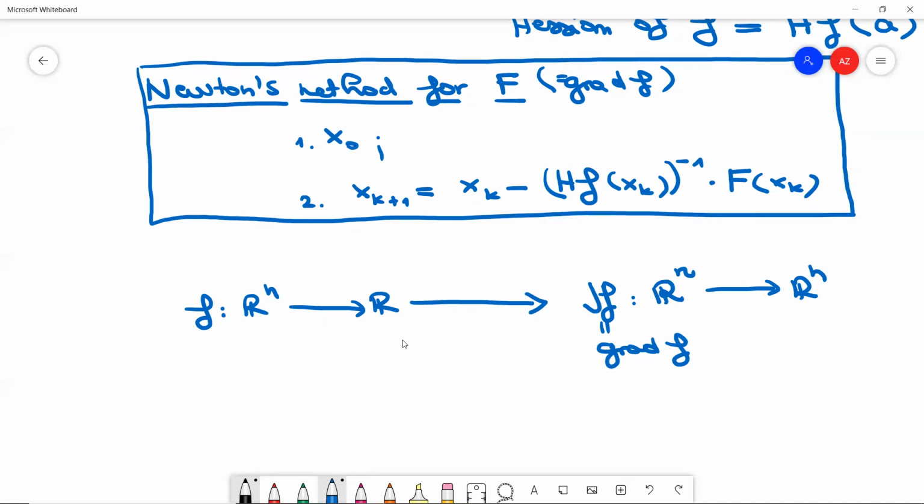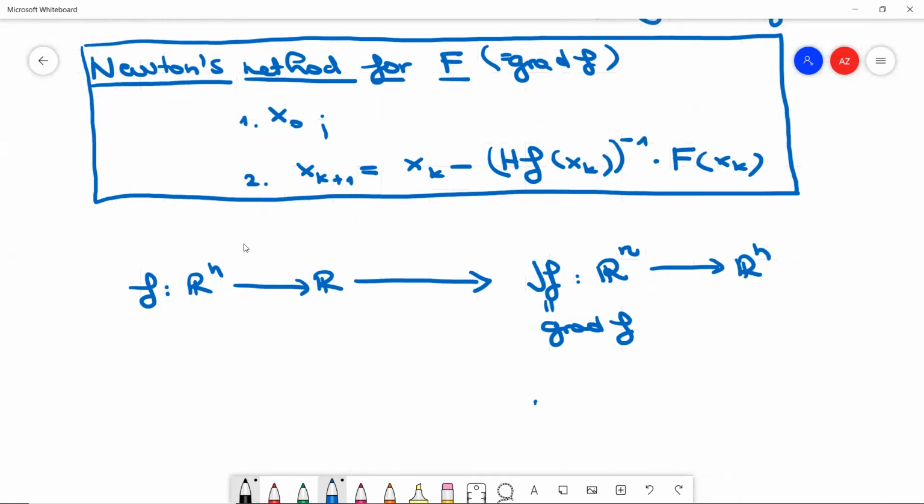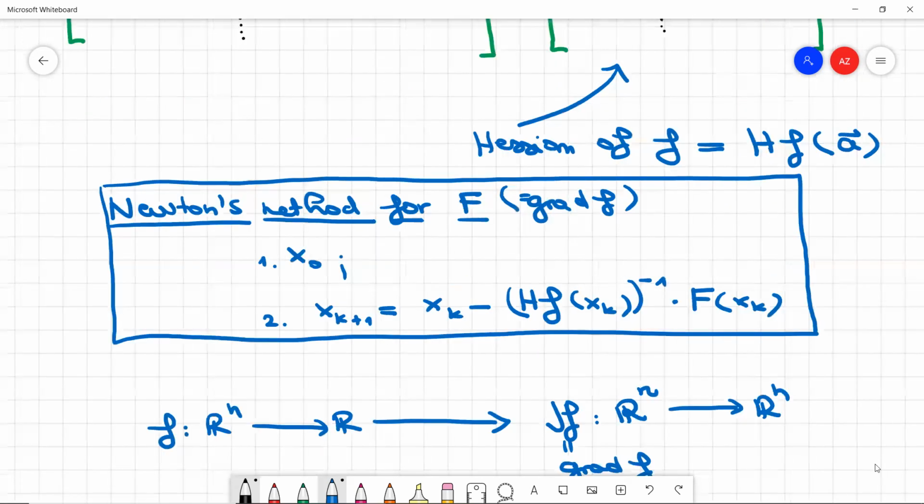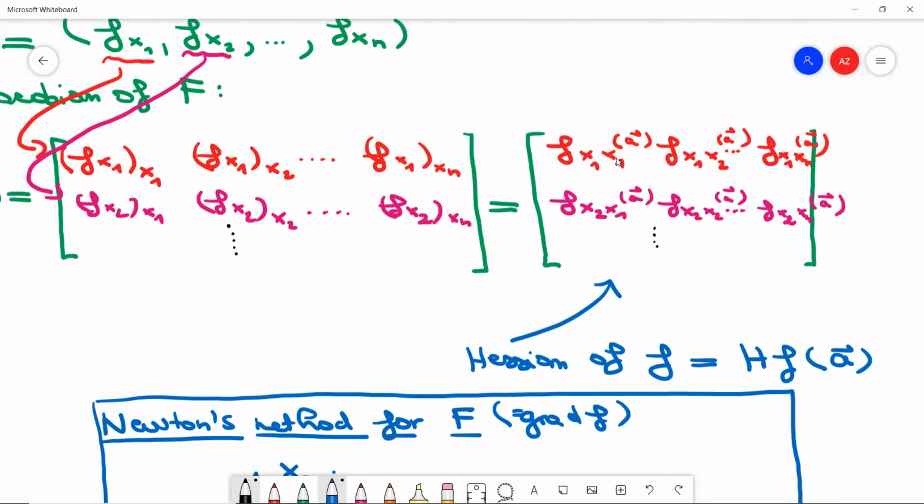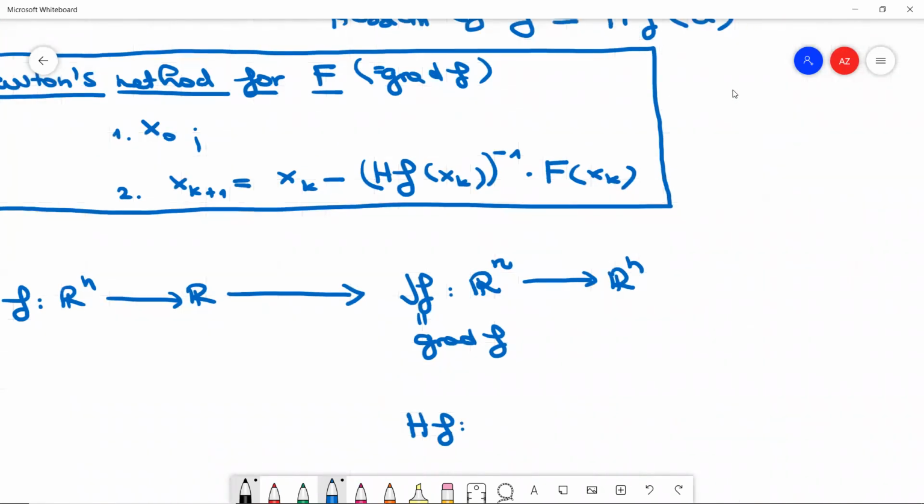But the Hessian of f is again a function on R to the power of n, and it's a matrix. It's again R to the power of n into R to the power of n.